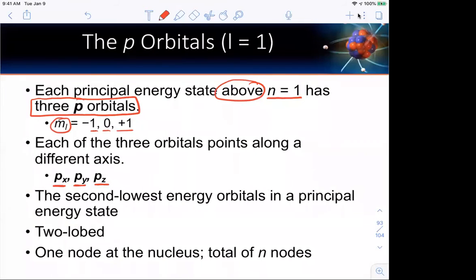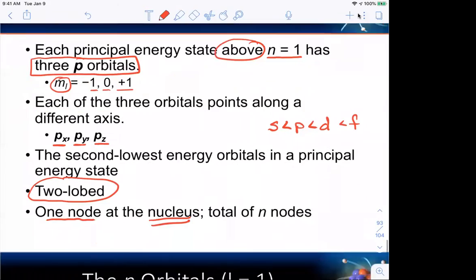This is the second lowest energy orbital. Remember, s is lower in energy than p, which is lower in energy than d, which is lower in energy than f. These have 2 lobes, and I have 1 node at the nucleus.